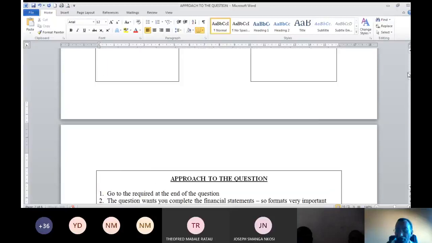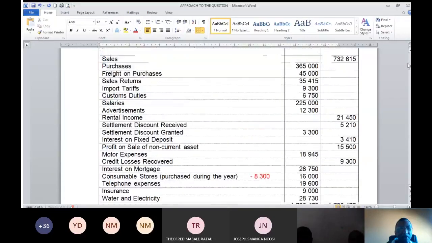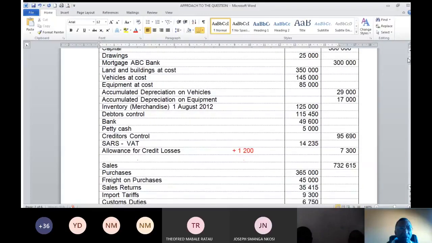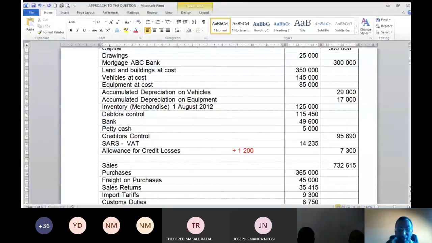Show that now, guys, on your trial balance. So on your trial balance now, my trade receivables or debtors control. Remember now, in the question paper, it will still be called debtors control because this is quite an old question paper, 2013, as you can see there. But when you are going to write your exams now, guys, they will call it trade receivables control. Okay, just remember that. And our trade receivables owes us 115,450.